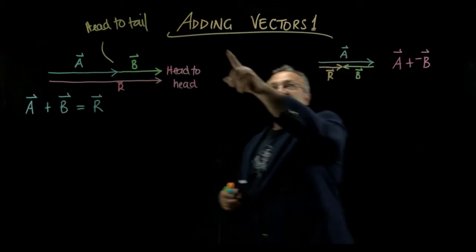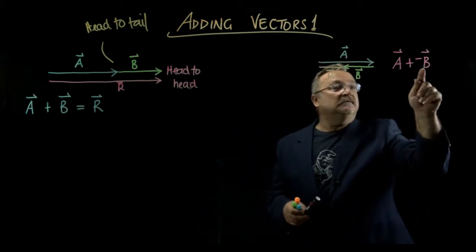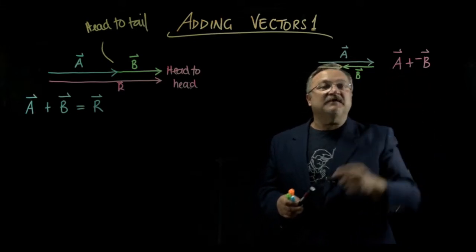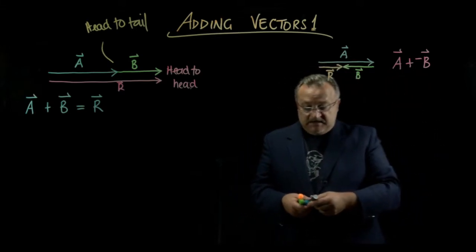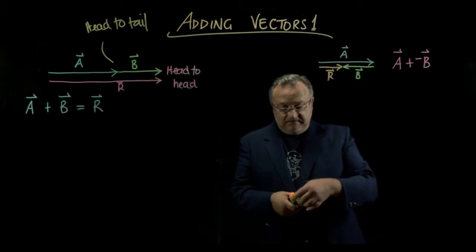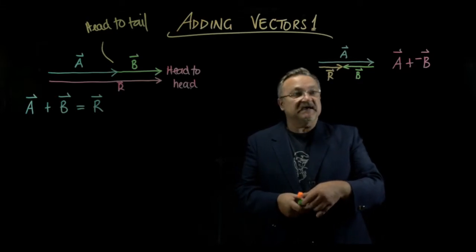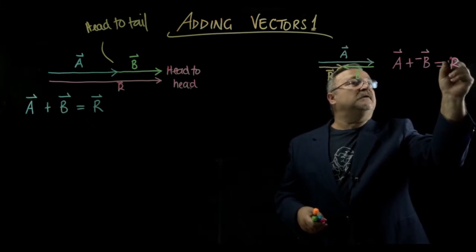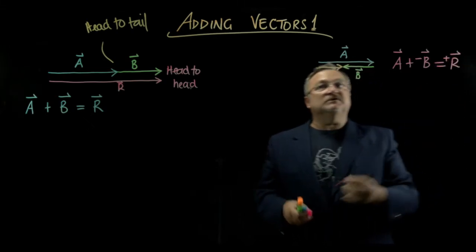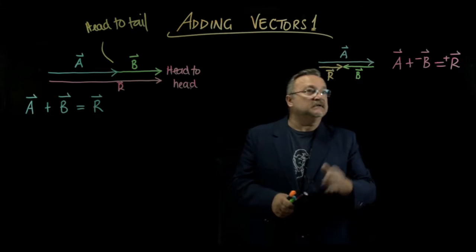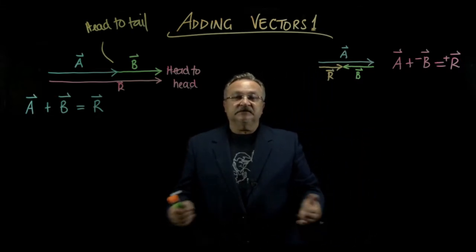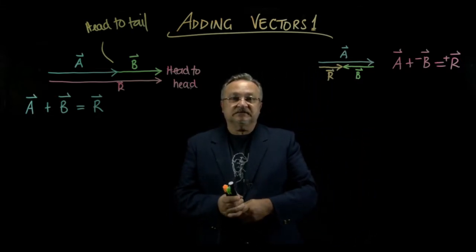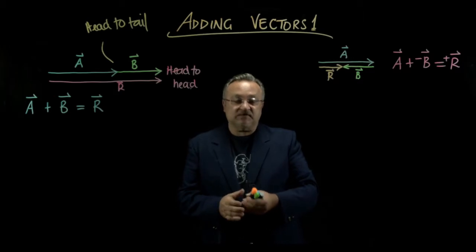So we're still adding vectors, but what we're doing is we're adding the opposite direction. So algebraically, this one would give us a positive R answer. So R happens to be positive because the resultant is directed to the right. So that's adding vectors in one dimension.